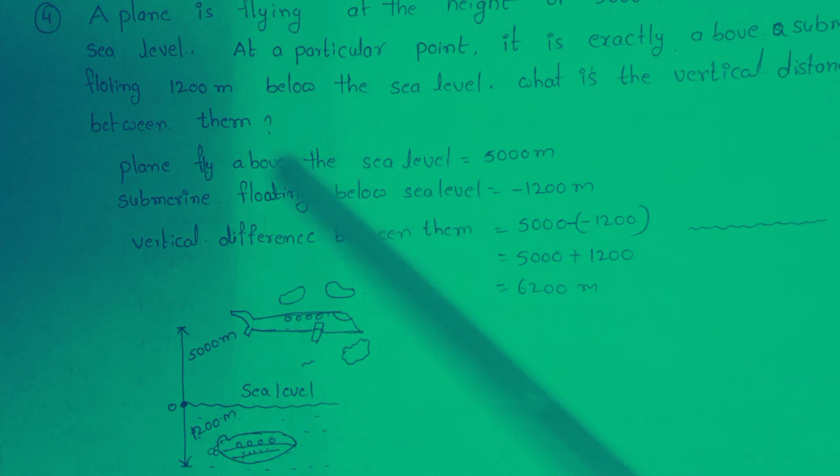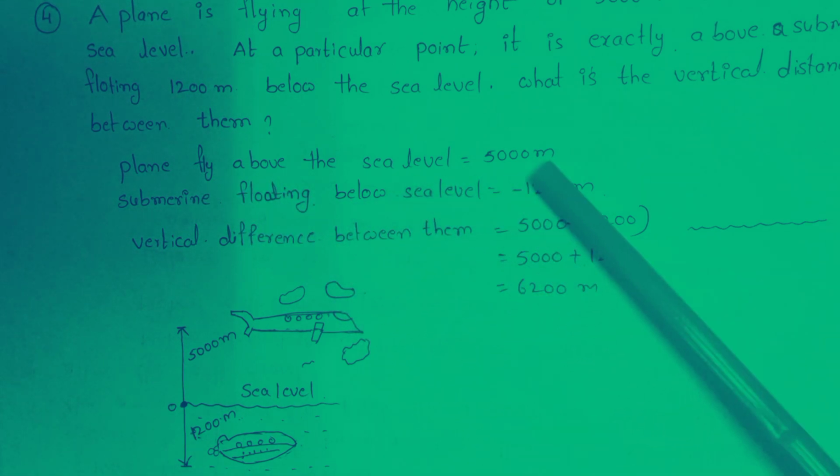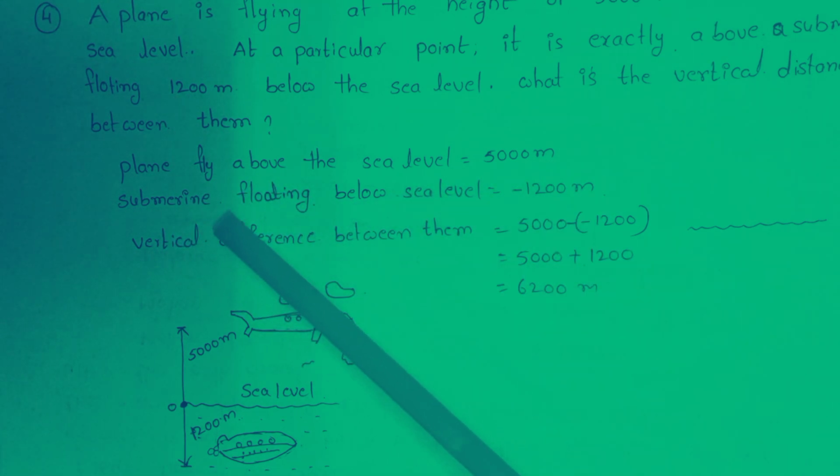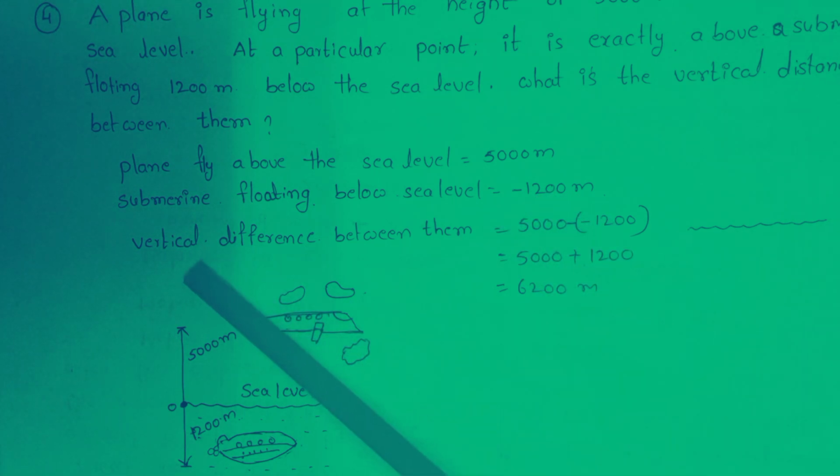What is the vertical distance between them? So what is the vertical distance? Vertical means up to down. Then vertical distance from the plane to submarine, here to here. What is the distance? Then plane fly above the sea level 5000 meters. Submarine floating below sea level minus 1200 meters.